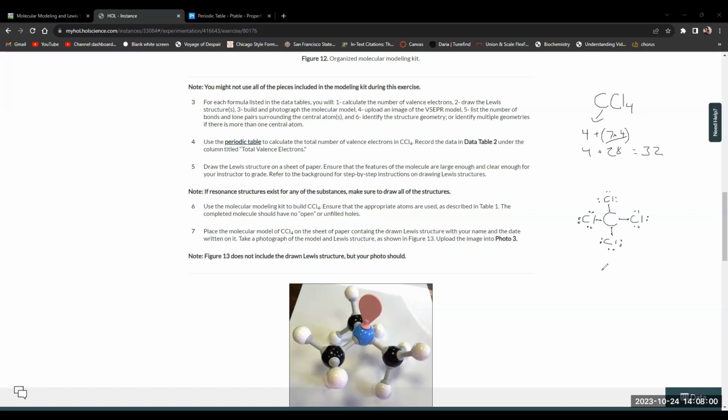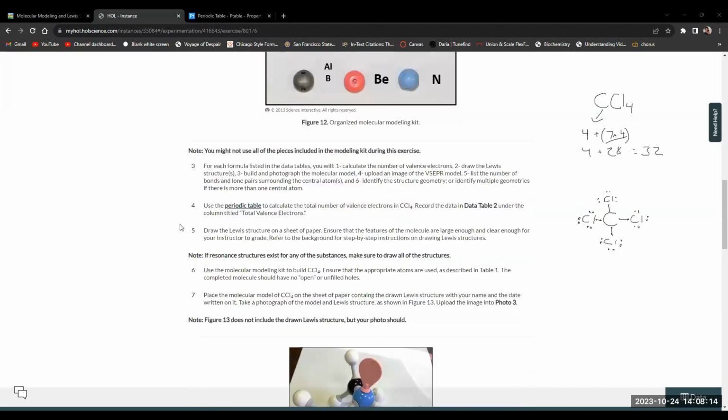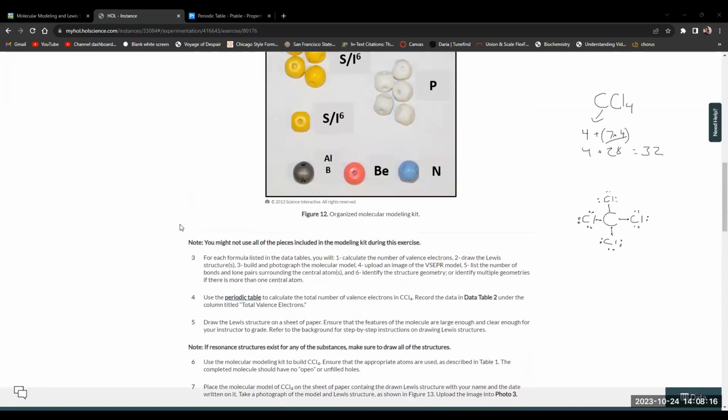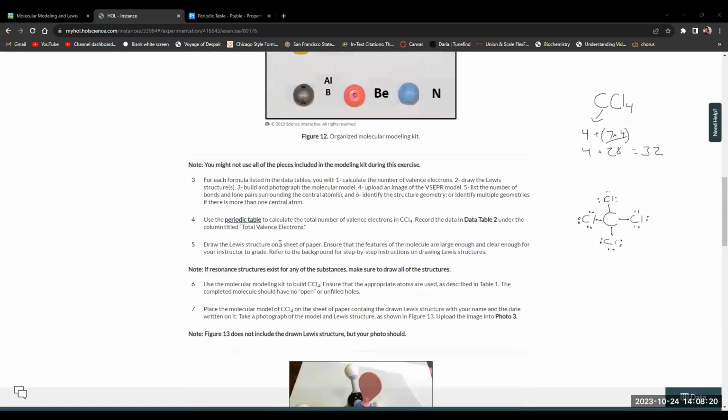So now let's go ahead and build it. And once again, carbon is the black with 4 holes, and chlorine is the green ones.